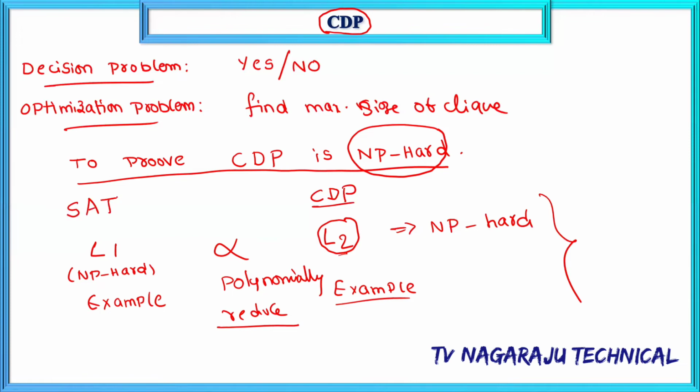What is SAT? Satisfiability problem. Satisfiability problem is already NP hard. Now, what is your aim? You need to take one example of satisfiability problem and convert it into an example of CDP. If the conversion is possible, then simply we say that CDP is NP hard.